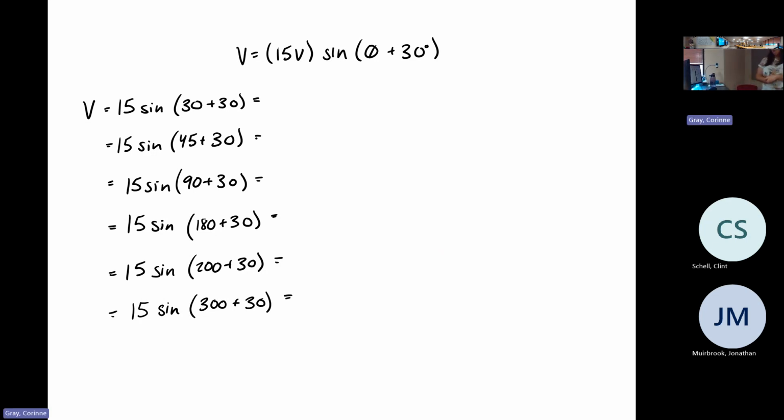What is something we should probably be careful of when we go through to plug all of this in? The 30, 45, 90, 180, 200, and 300 are all in what?